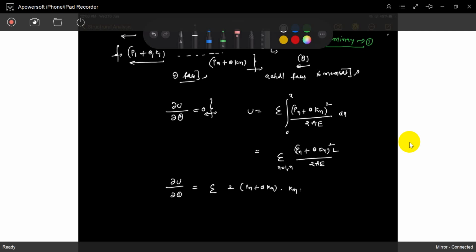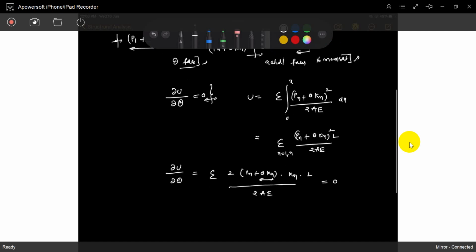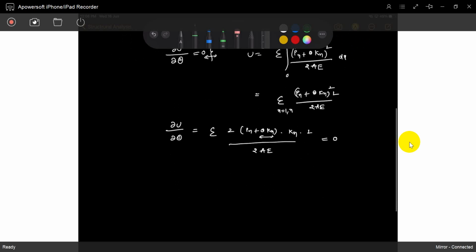Multiply with the partial derivative of Q. So there is no P, so divide by 2AE is equal to 0. AE are constant.